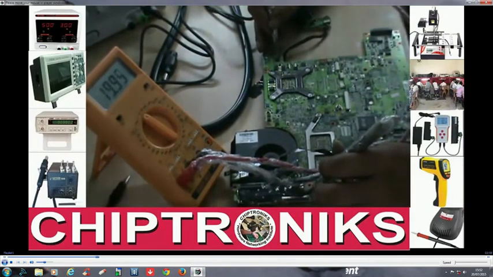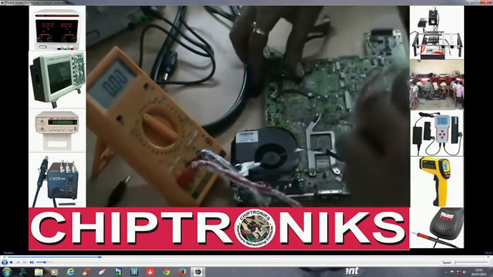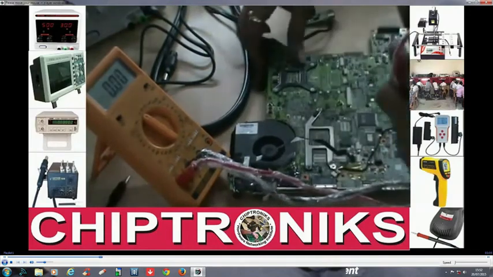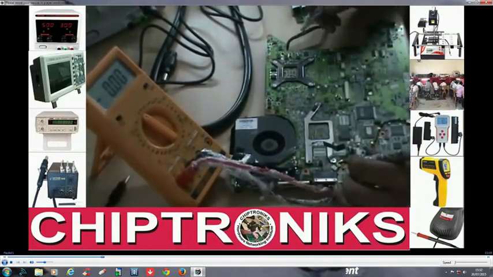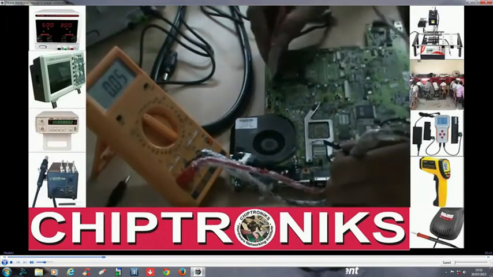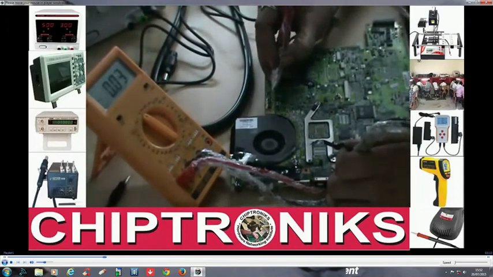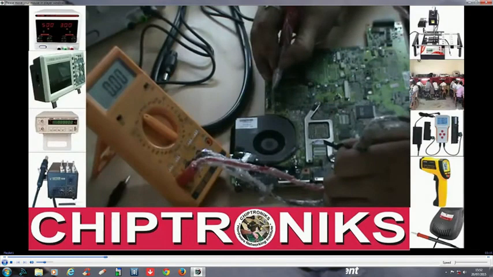Look, here we have adapter volts, and when we check the other side inside the motherboard, like the top gate MOSFET, TG MOSFET, here we do not get any adapter volts.